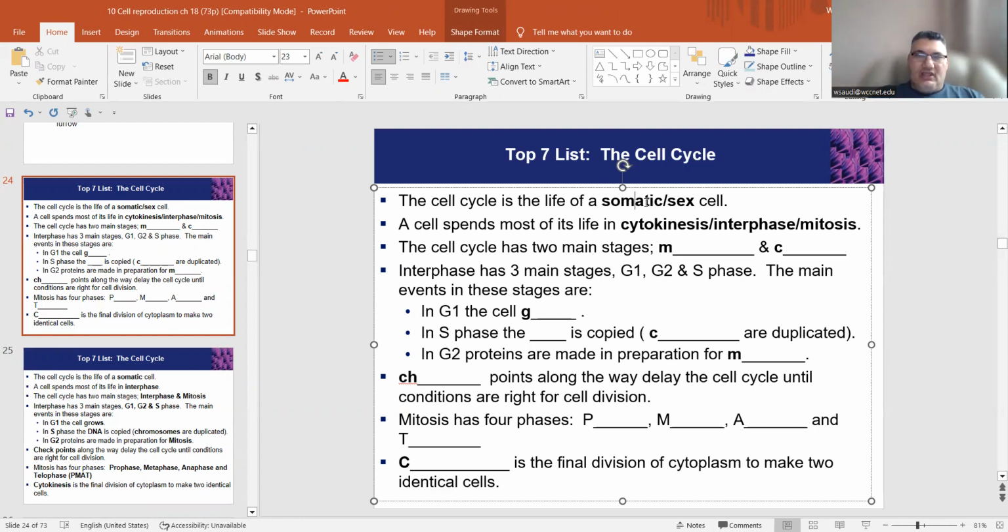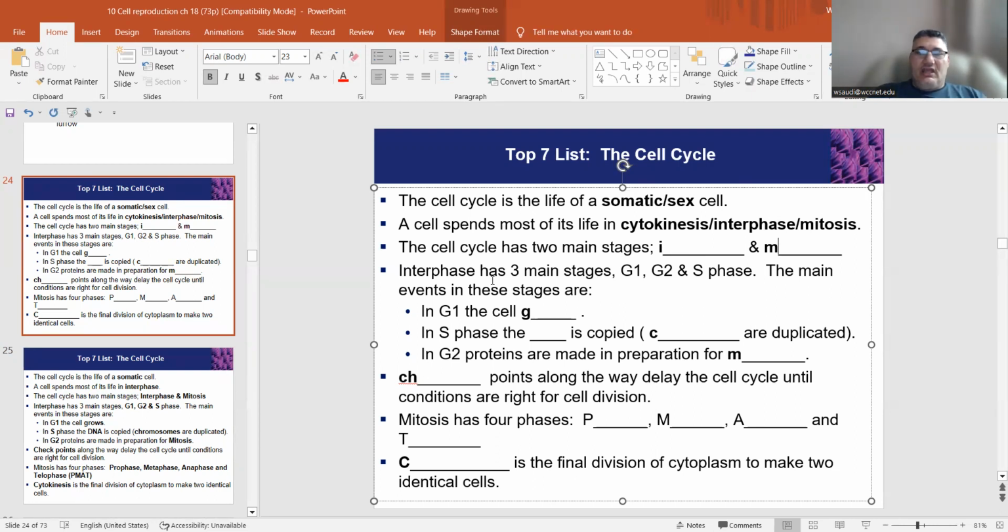It's meiosis. The cell spends most of its life in which one of those? Interphase. Interphase, yes, very good. The cell cycle has two main stages. The first one is interphase, and the other one is mitosis.